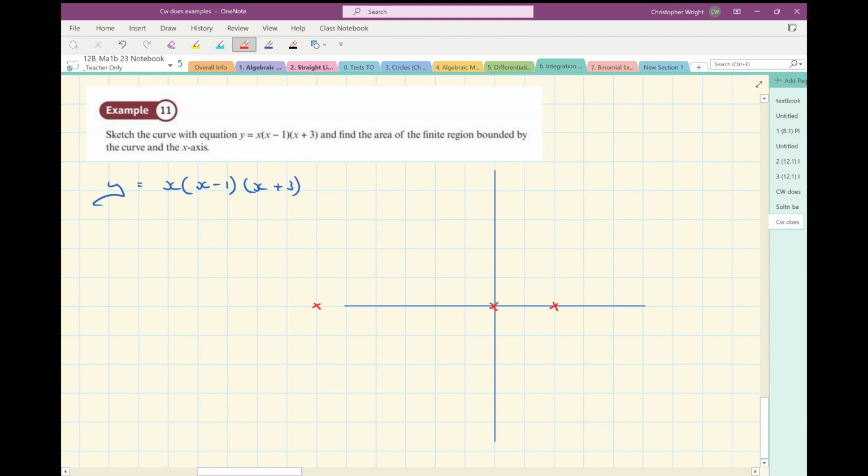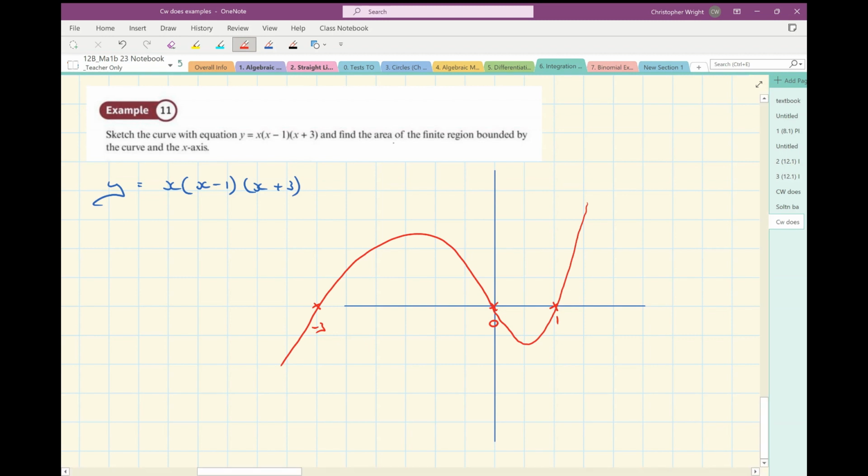So I'll put that here. Right, and it's a cubic, isn't it, with a positive x cubed. So it's going to look like this. Okay, good. That, by the way, is when x equals minus 3. That's when x equals 0, and that's when x equals 1. Now, there's the curve sketched.